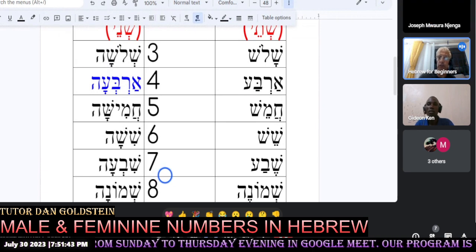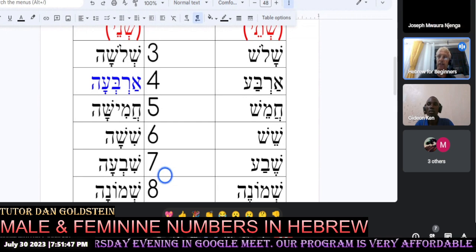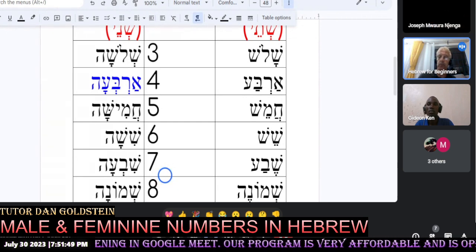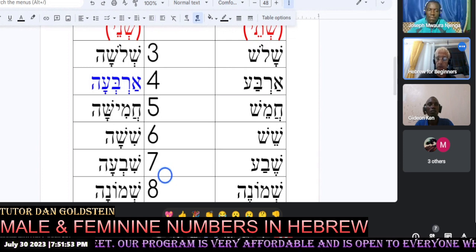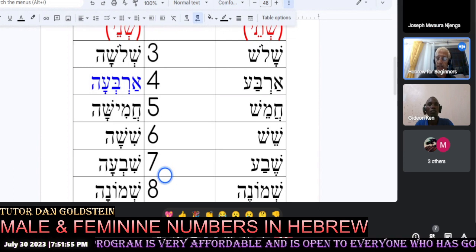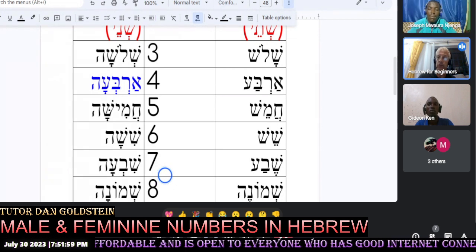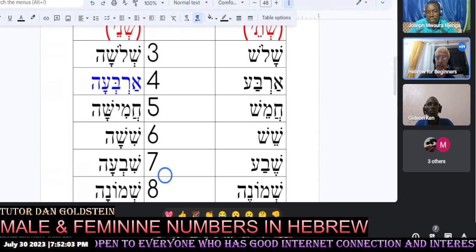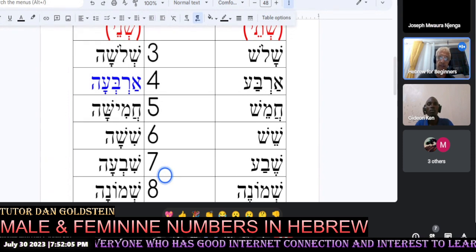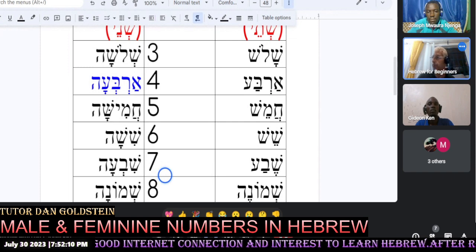In the case of the numbers, it's exactly the opposite of what you would expect, because in many other situations in Hebrew, the ah sound at the end is a sign of the feminine. But the numbers trick us: the ah at the end, the patach kamatz hey, is a sign of the masculine.